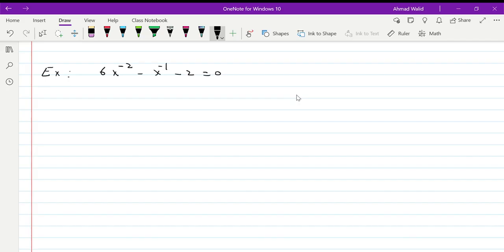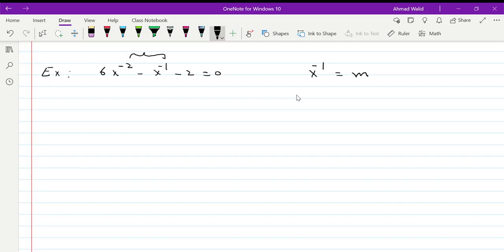But again, you see the difference between here and here is 2, correct? Then what you can do, you name, for example, x to the negative 1 as m. Or in your book, they choose to use T, whatever, a different letter, right?